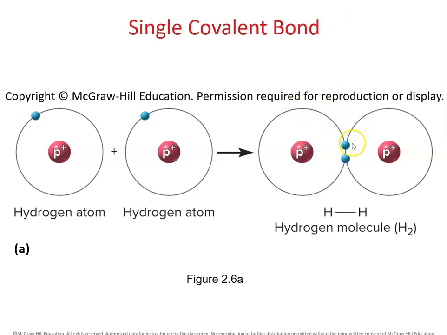This electron, for instance, maybe came from this atom. This electron maybe came from this atom. And they're sharing them. And as they share, this one can now claim 2 electrons. This one can also claim 2 electrons. And as long as they stick together, they're happy and unreactive.